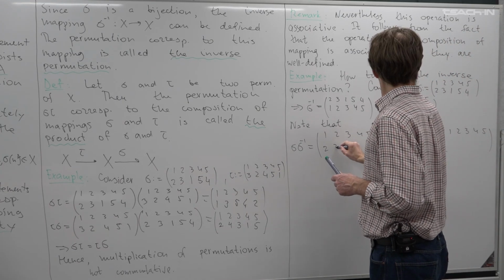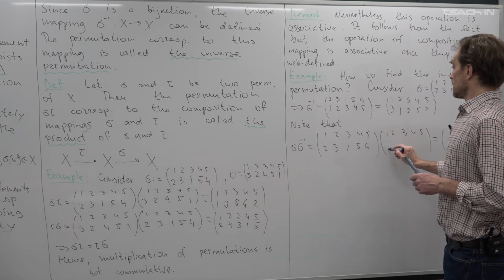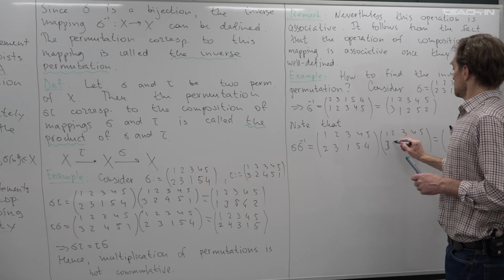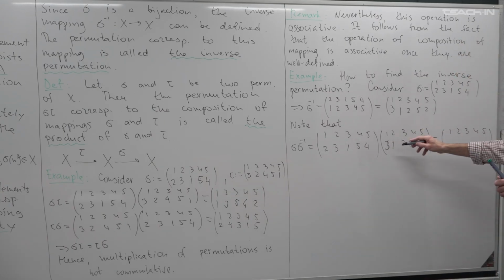So 2, 3, 1, 5, 4, then 3, 1, 2, 5, 2. So 1 goes to 3, 3 goes to 1, 2 goes to 1, 1 goes to 2, 3 goes to 2, 2 goes to 3. Okay, 4 goes to 5, 5 goes to 4, and 5 goes to 2. Something's wrong.